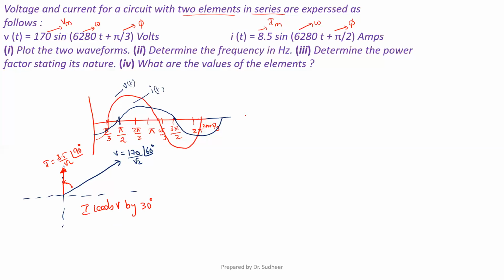Determine the frequency. Very simple question. Omega is given, that is 6280. You know omega is 2 pi f, so f is equal to omega by 2 pi, that is 6280 divided by 2 pi.